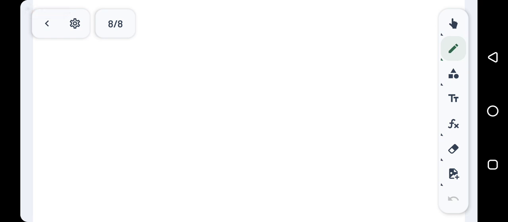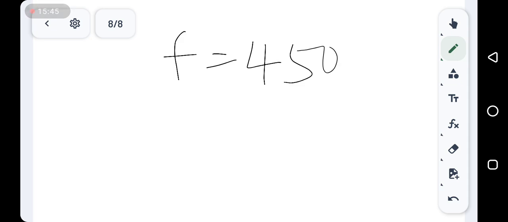We have this question: if a sonometer has a fundamental frequency of 450 Hz, what is the frequency of the fifth overtone?